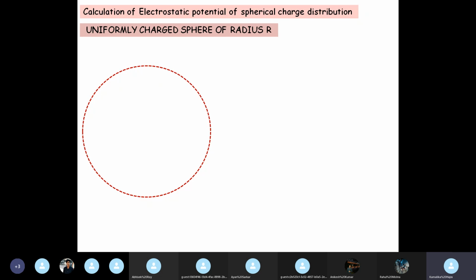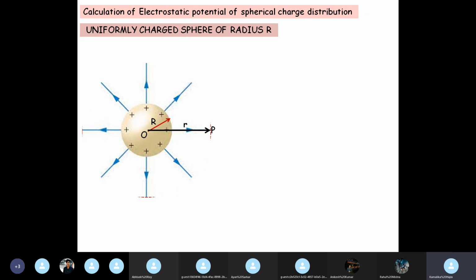So we will consider a uniformly charged sphere of radius R. Remember, we have calculated the electric field applying Gauss's law for such a uniformly charged solid sphere of radius R. So this is the solid sphere we are talking about, radius R. And we will try to calculate the electrostatic potential at a point P, which is at a distance r from the center. So case 1, we consider the point P to be lying outside the sphere, that is small r is greater than capital R.